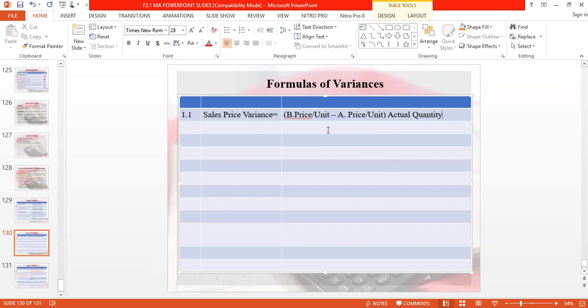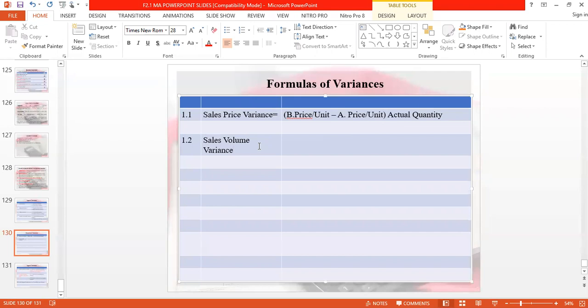That is sales price variance. Then 1.2, sales volume variance.